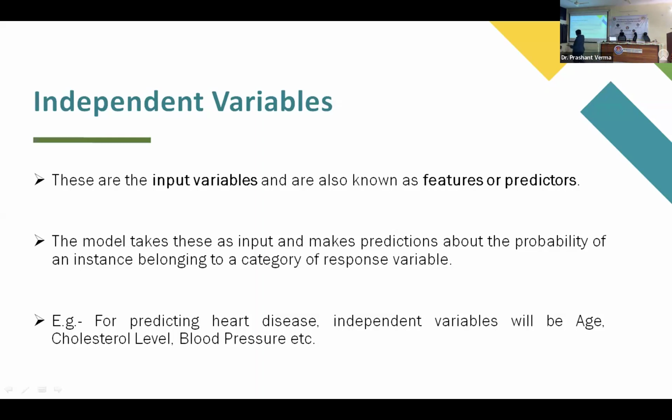Anyways, these are the lipids. Bad cholesterol is LDL, good cholesterol is HDL, high density lipoprotein, and triglyceride as well. So when you see it, there are different components like total cholesterol and others that I just mentioned. It's very important to understand this from the domain perspective.